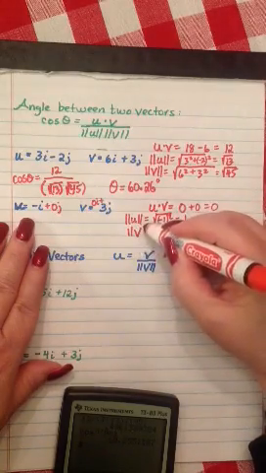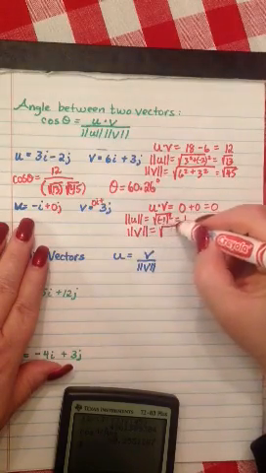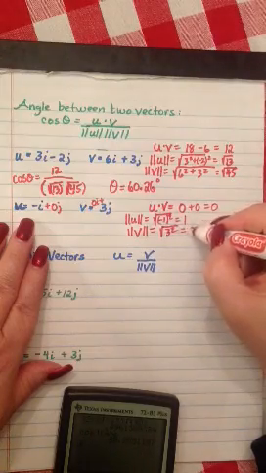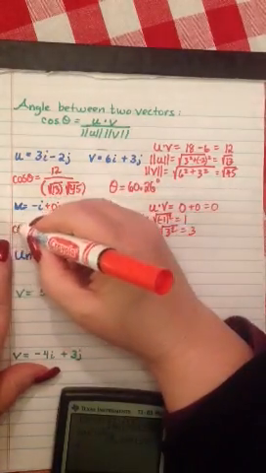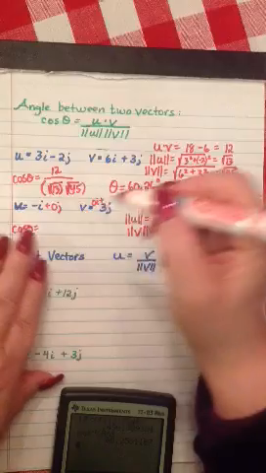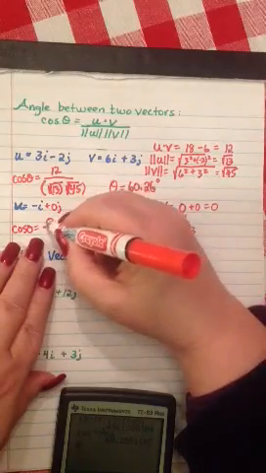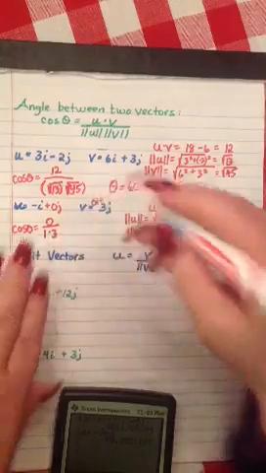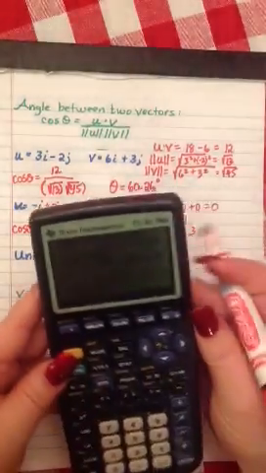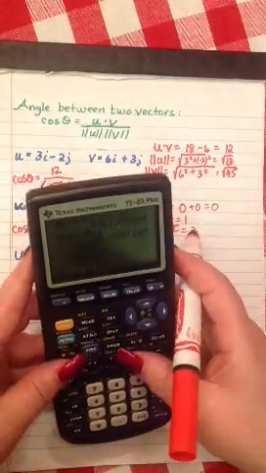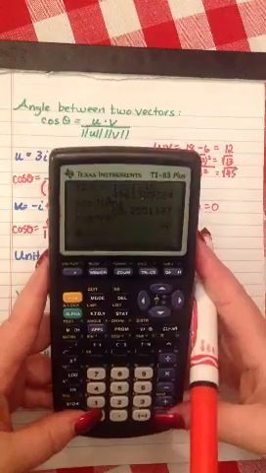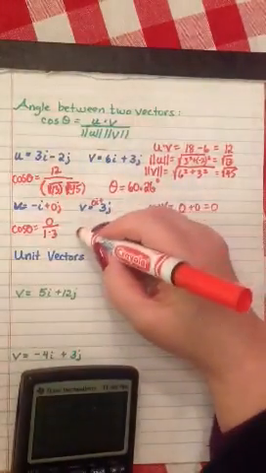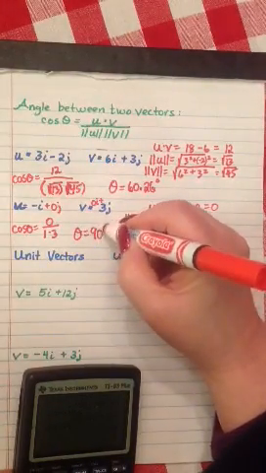The magnitude of v would be just the square root of 3 squared, which would just be 3. So cosine of theta is going to be equal to 0 over 1 times 3. So you're just going to go second cosine 0, and we get 90 degrees. So theta is equal to 90 degrees.